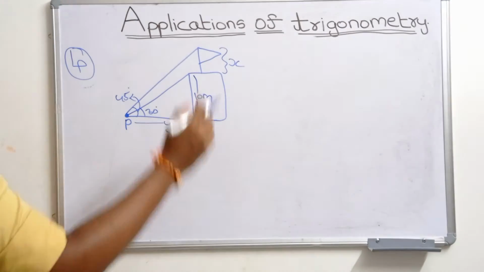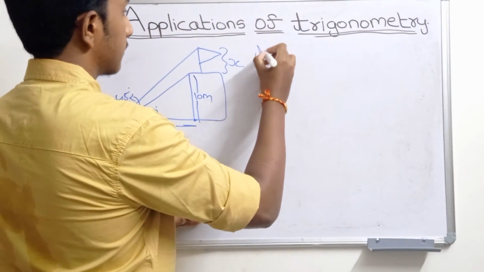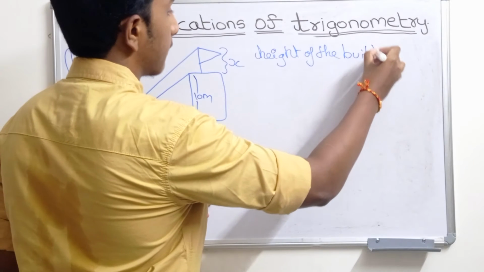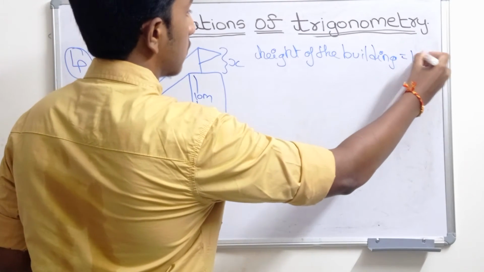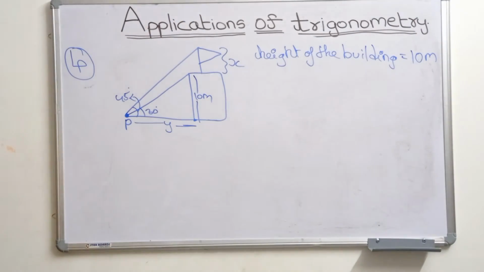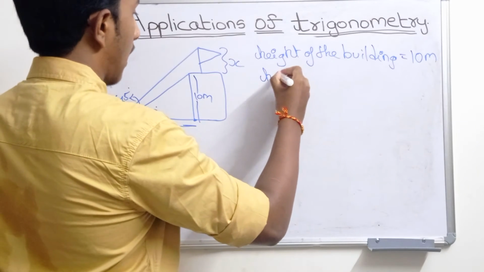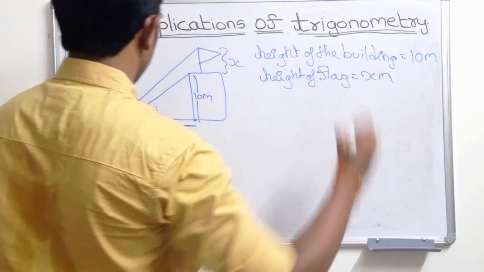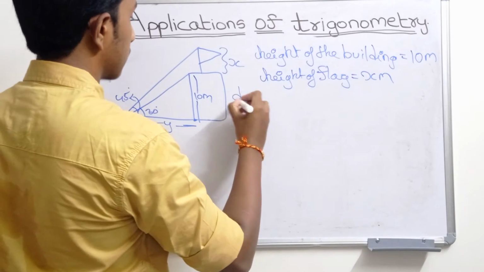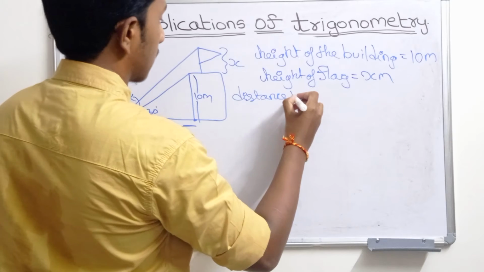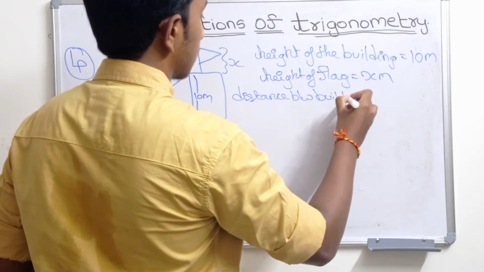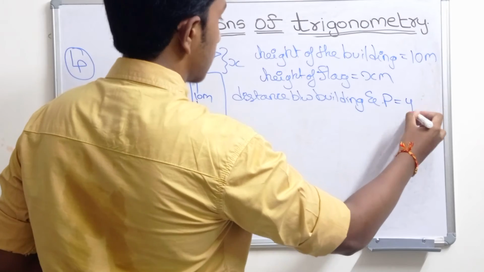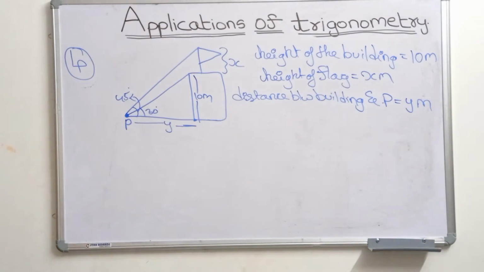Guys, it's clear. First I'll write the given data. Height of the building is equal to 10 meters, height of the flag is equal to x meters, and the distance between the building and point P is equal to y meters.